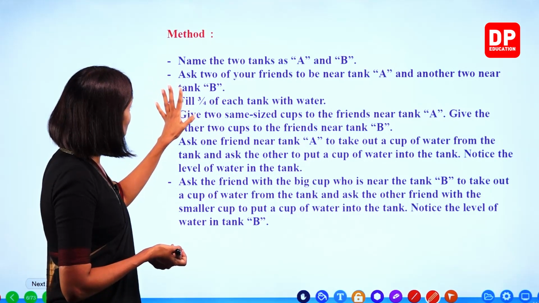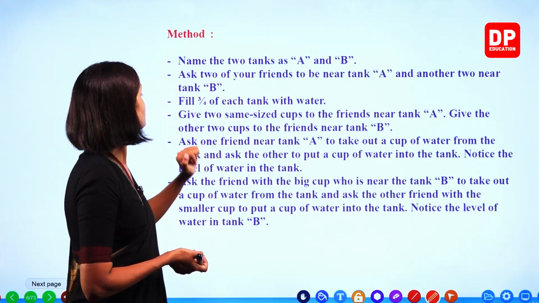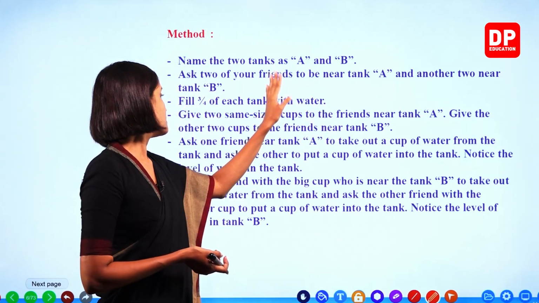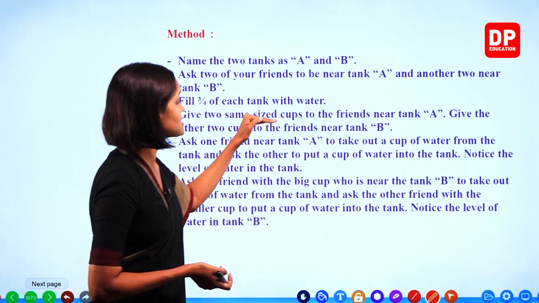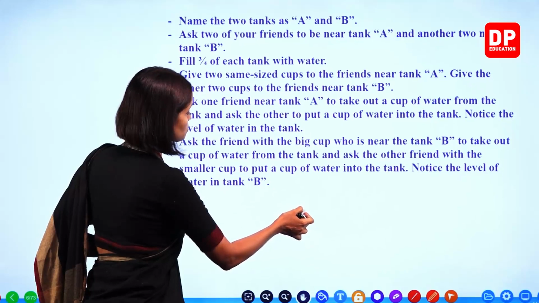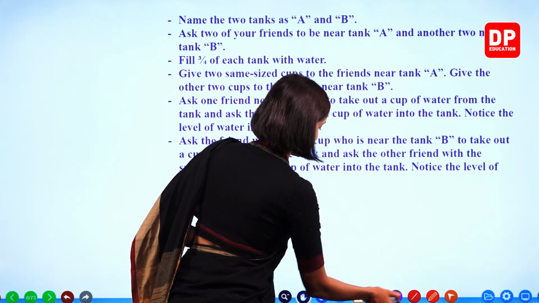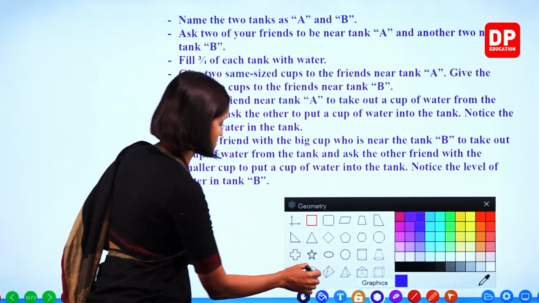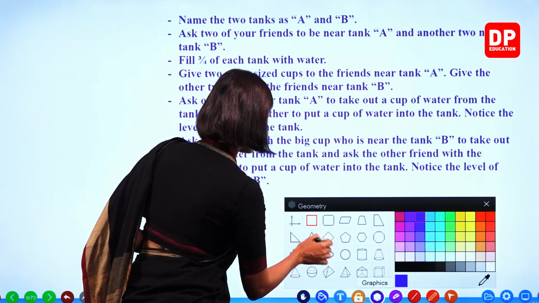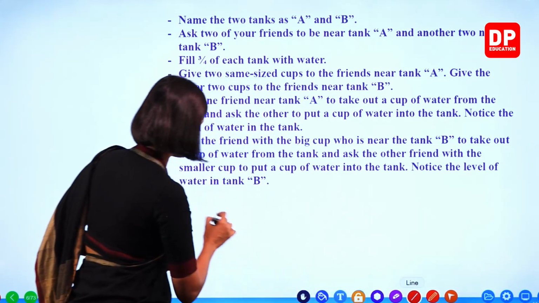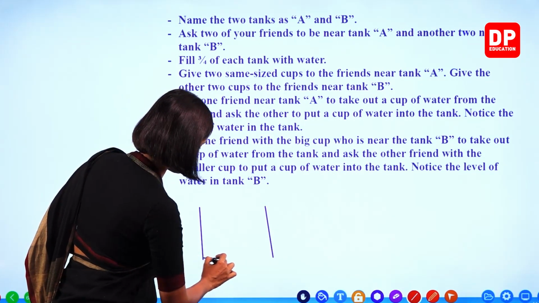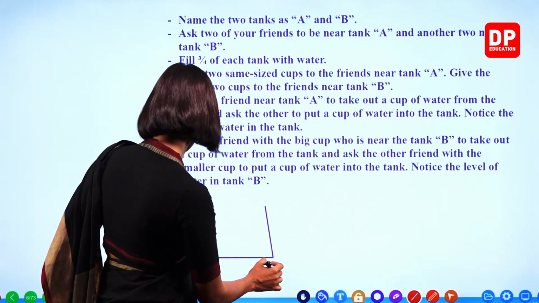Fill 3/4 of each tank with water. Give 2 same-sized cups to the friends near tank A, and give the other 2 cups to the friends near tank B. So we'll draw a small diagram to do this activity. If we consider this is tank A, it should be of similar size.